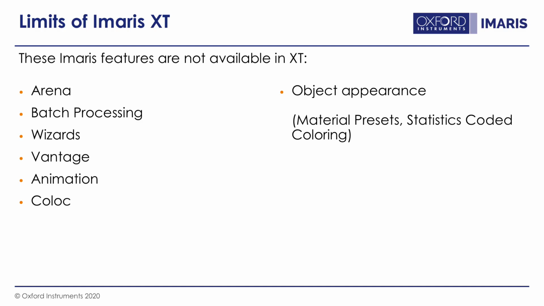Even though we set the spot to color red in the example before, we don't have the advanced material options available in Xt. And for example, you cannot activate statistics coded coloring for objects. So again, as a rule of thumb, what you can get and set through the Xt interface is the raw data of the geometry of the objects and of the image.